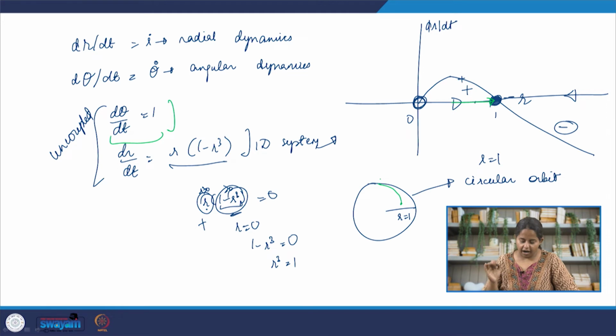If r is greater than 1, so let's say I'm starting here, r is greater than 1 to begin with. This is r naught 1, this is r naught 2. When r is greater than 1, the flow of r changing with time is towards the left side, r is going to reduce, we are going to come towards r equal to 1. So the flow line is going to look something like this.